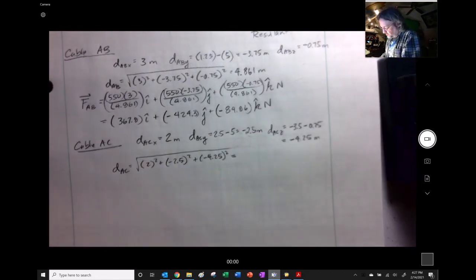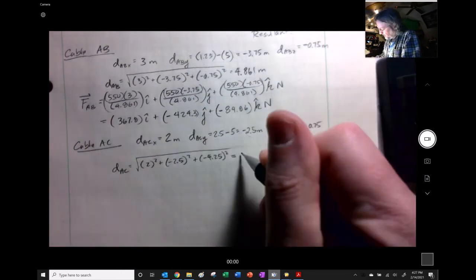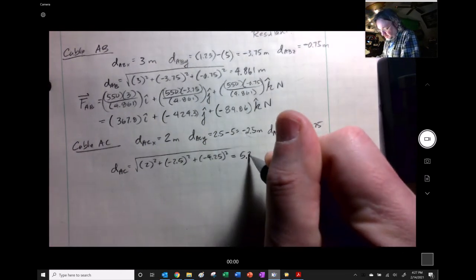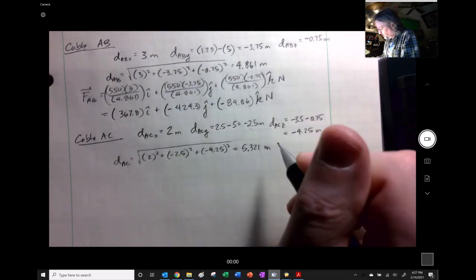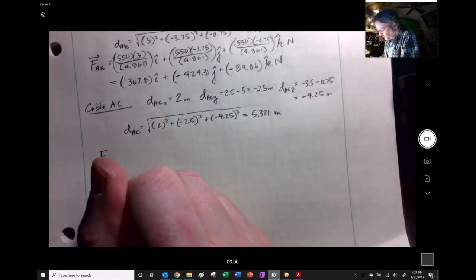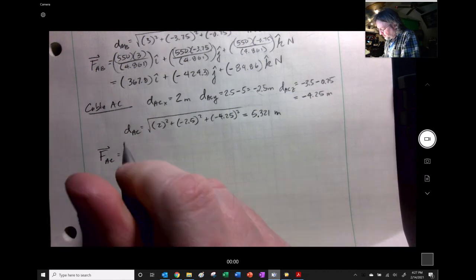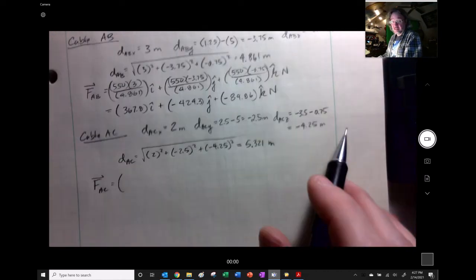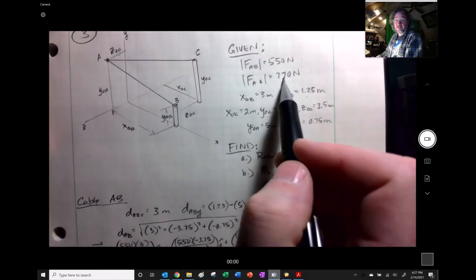That's what they're there for, right? Try to make it look all nice and neat. I get 5.321 meters.